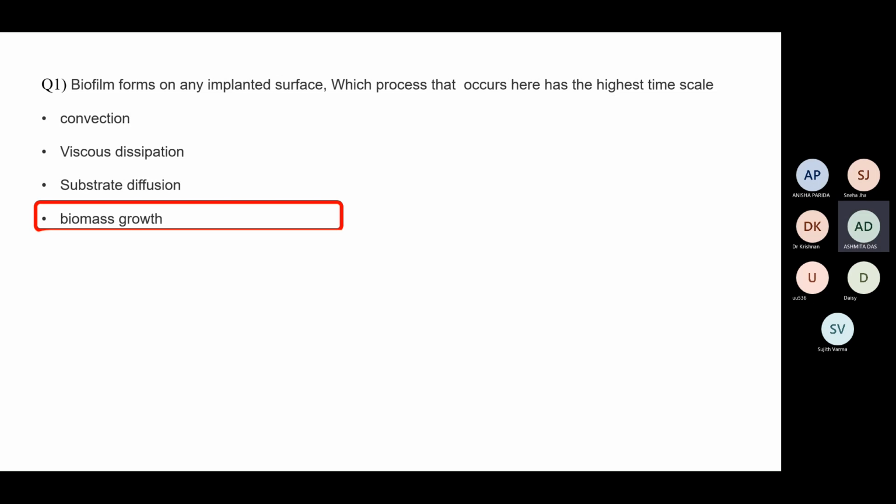So the first process is mass transfer. Then the slow process of hydrodynamics comes under slow process. Biomass growth comes under slow process. Substrate diffusion comes under the fast process.